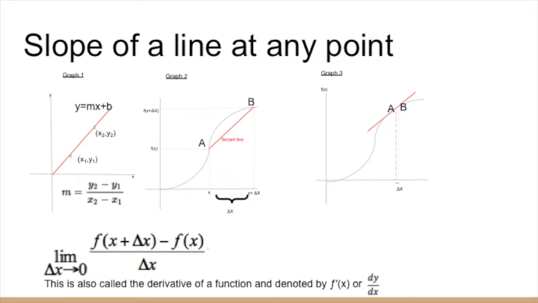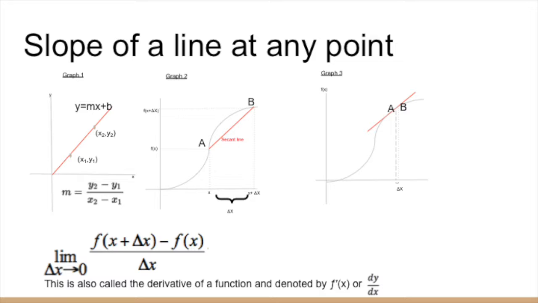But when it comes to a curved line, as you can see in graph 2, if you take 2 points on a curve, A and B, and try to calculate the slope, you will not achieve a correct result.